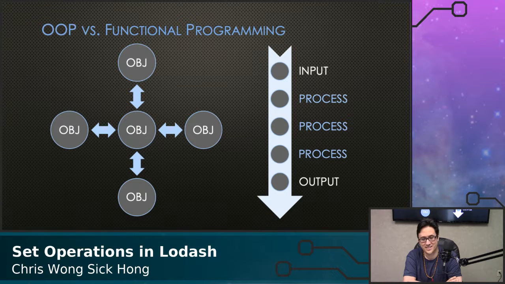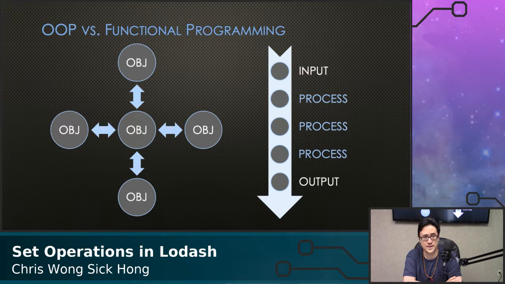In contrast, functional programming can be thought of as more of an assembly line. You start off with some input data, you process it through some functions, you process it through more functions, and then at the end you have the output data, which you're usually going to do something side-effectful with.